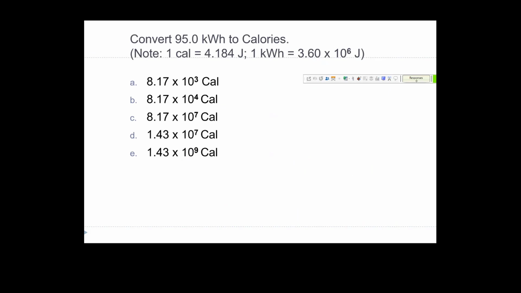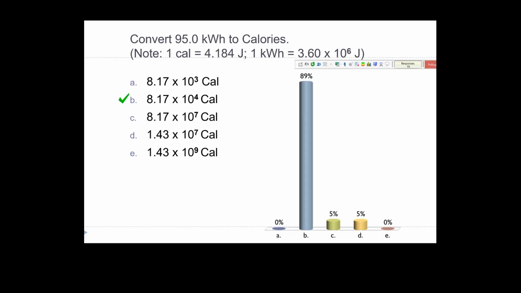Let's convert 95 kilowatt hours to capital C Calories. All right, so what was the step here? We did 95 kilowatt hours.